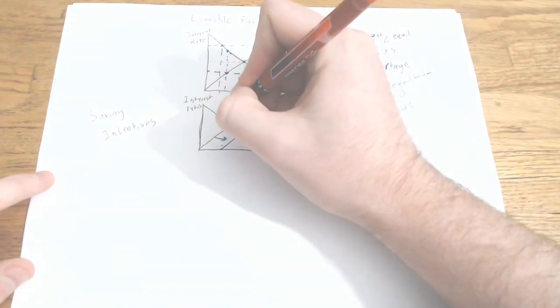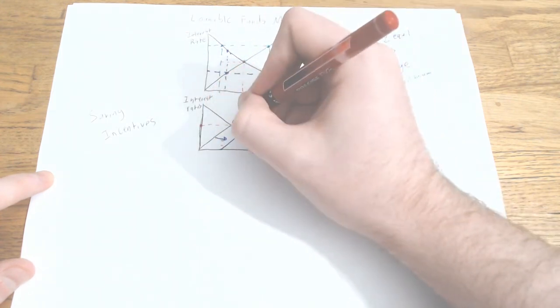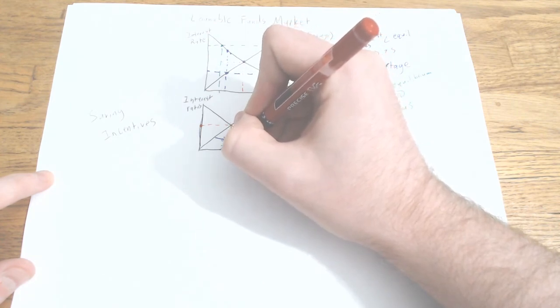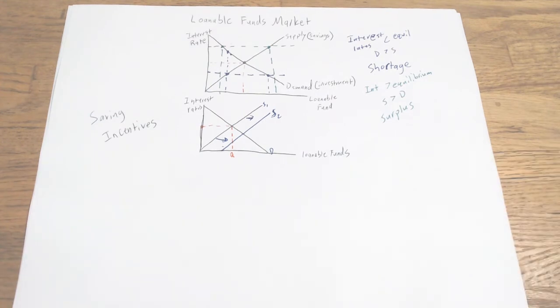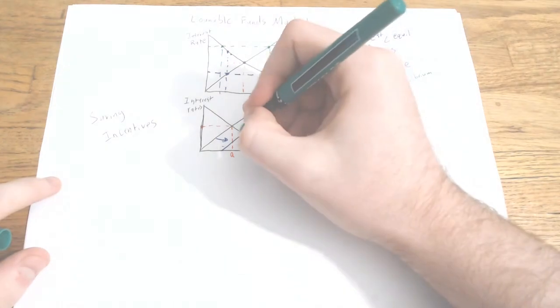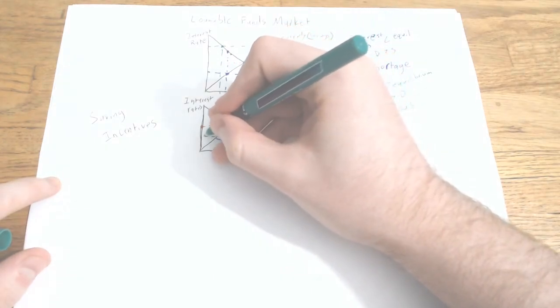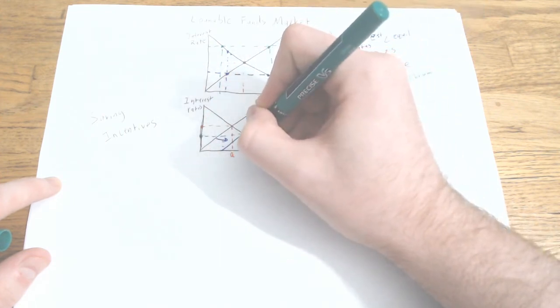So at the old, we had this interest rate, and we had this quantity. At the new, we have this interest rate and this quantity.